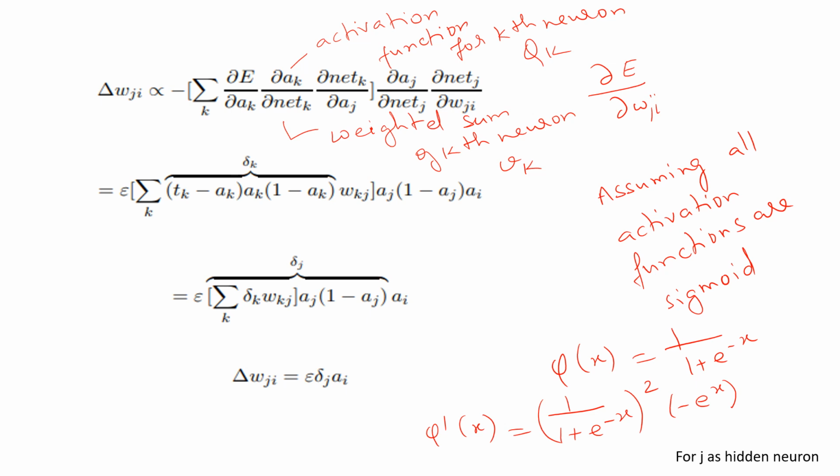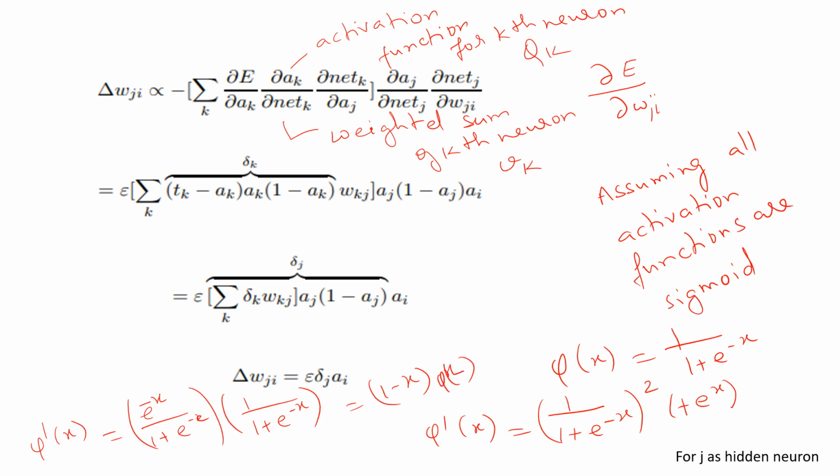I can write this in 2 parts, phi dash of x, as e raised to power minus x over 1 plus e raised to power minus x, into 1 over 1 plus e raised to power minus x, and this is nothing but 1 minus phi of x into phi of x.